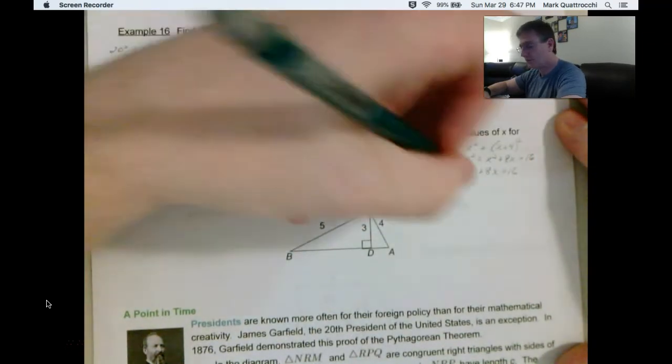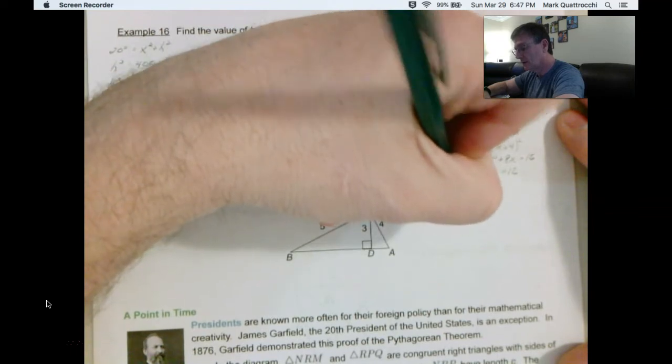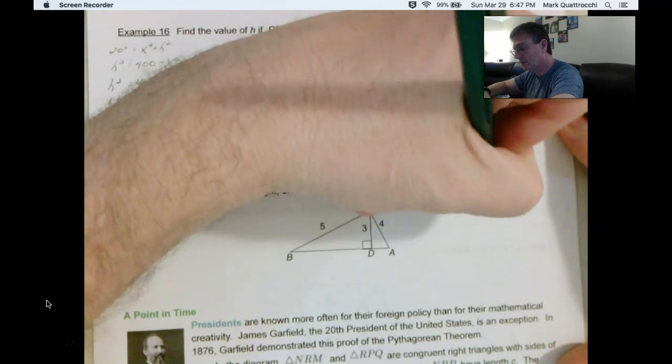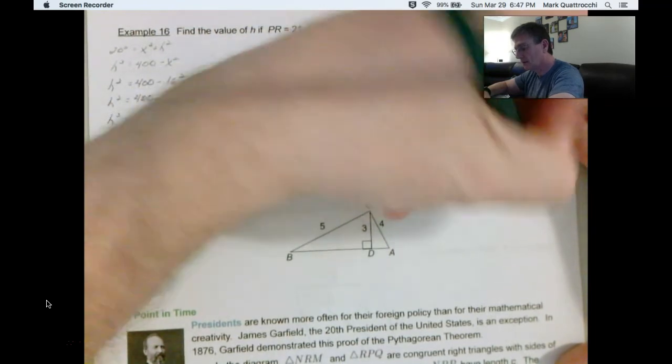Subtract 400 from both sides, and I'm going to turn things around. 2x squared plus 8x minus 384 is greater than 0.